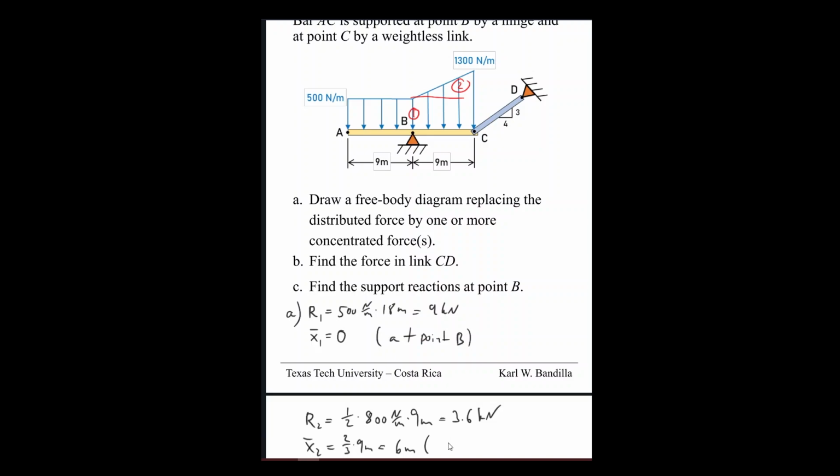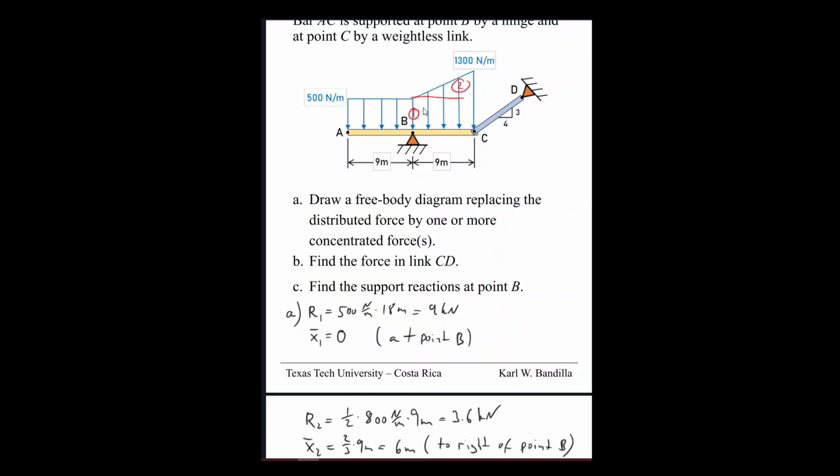And then here, 6 meters to the right of point B. All right, so now we know where they are.